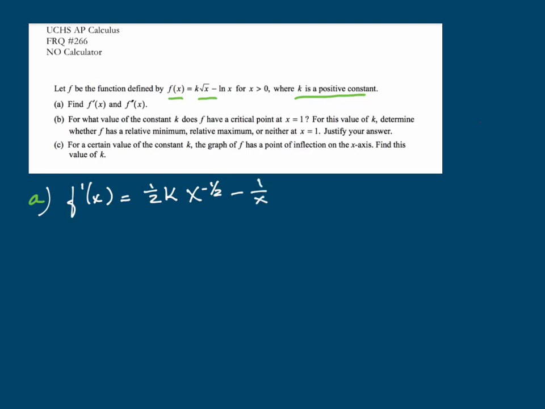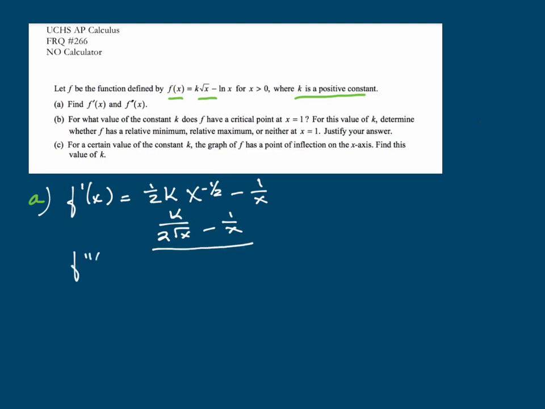So let's rewrite that a little bit better. That's k over 2 square root of x minus 1 over x. Is that right? K over 2 square root of x minus 1 over x. So there's the f prime of x.